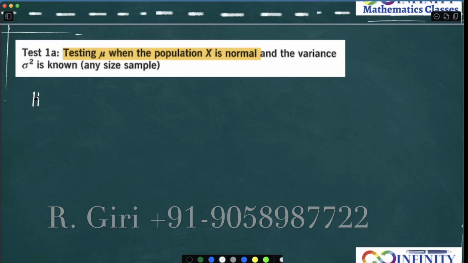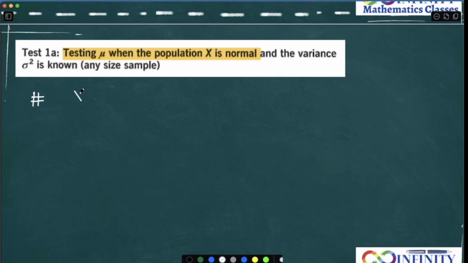It is given that this X, the random variable, is normally distributed with the mean mu and variance sigma squared, and this sigma squared is known to you. We don't know mu; we are testing for mu basically, but sigma is given to you. This is the situation here.